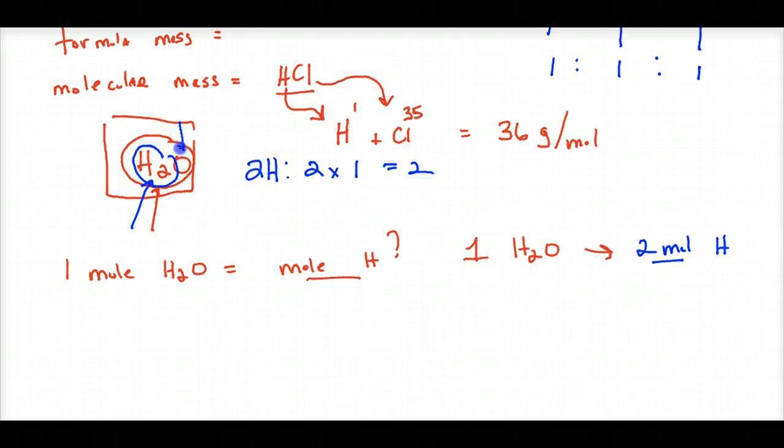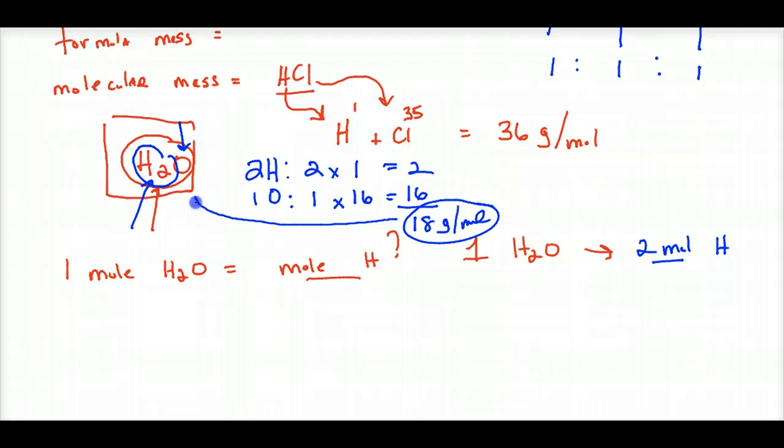There's 1 oxygen in 1 mole of water, so 1 times the atomic mass of oxygen is 16. If you notice, I add them all together, and this is 18 grams per mole. And you'll see that in many questions.